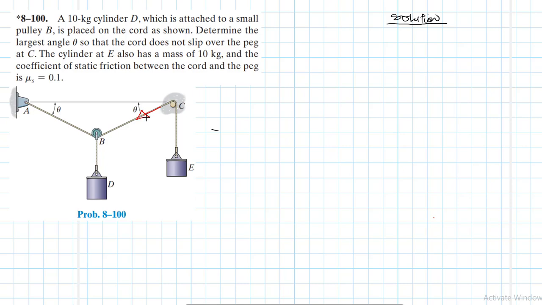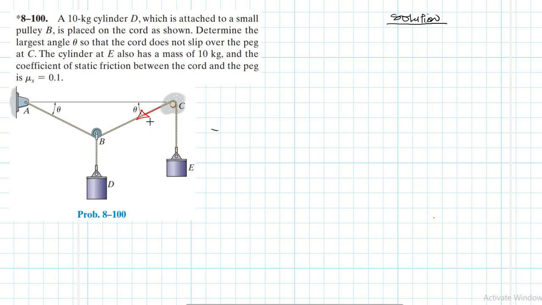We are referring to the tension increasing relative to the tension in cable CE. The tension in cable CE won't change, it will be the same, due to this mass of 10 kg. The only tension that will be changing is tension BC. If it increases relative to the tension in cable CE, then we expect the angle to reduce. And as the tension reduces relative to the tension in CE, we expect the angle to increase.